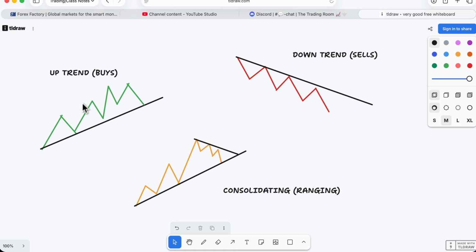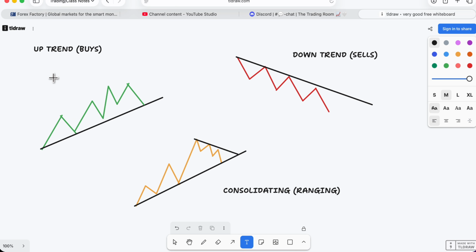So this high is higher than this previous high, and this low is higher than this previous low. So once again, it's made up of higher highs and higher lows. Okay? That's the first thing.